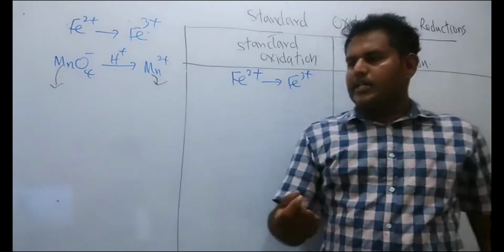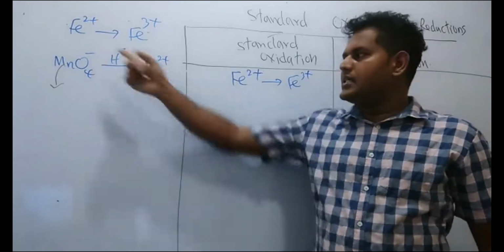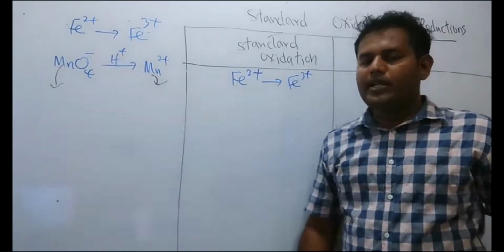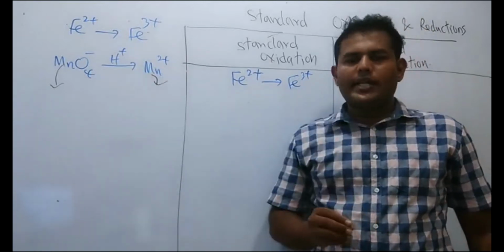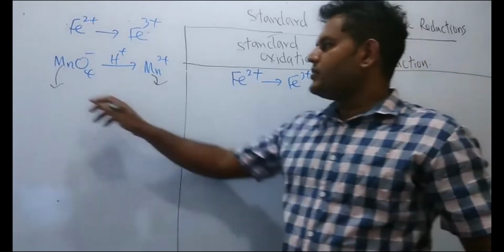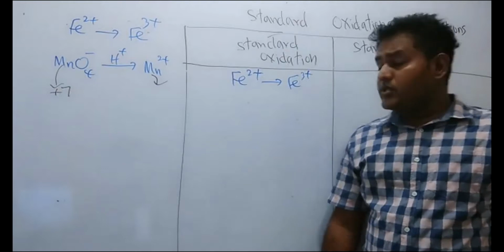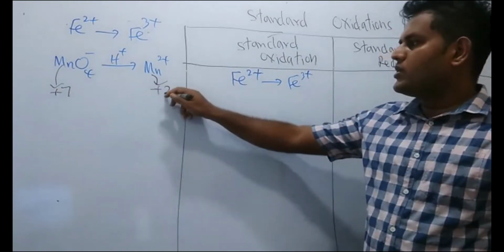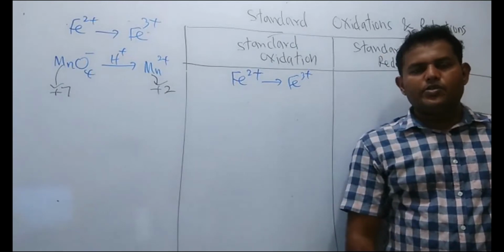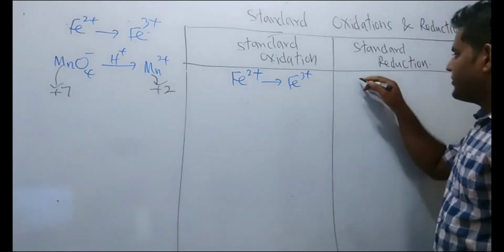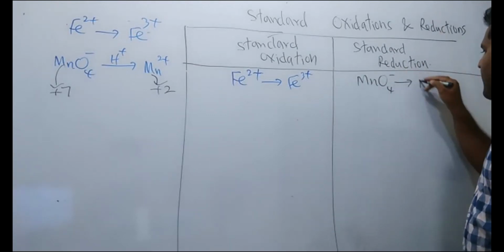So from that minus 8, subtract this minus 1, that's minus 7. Then what is the oxidation number of manganese? Plus 7. Then what is the oxidation number of this manganese? Plus 2. So from plus 7 to plus 2, you are decreasing the oxidation number. If you are decreasing the oxidation number, that's a reduction. Should write it here. Clear?